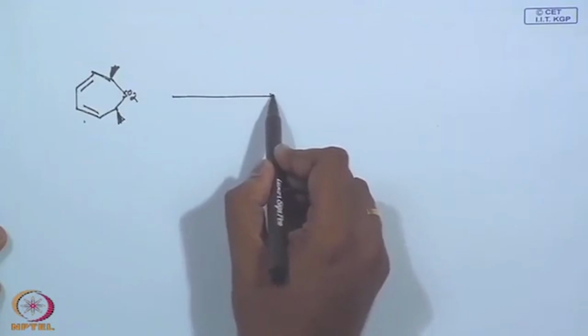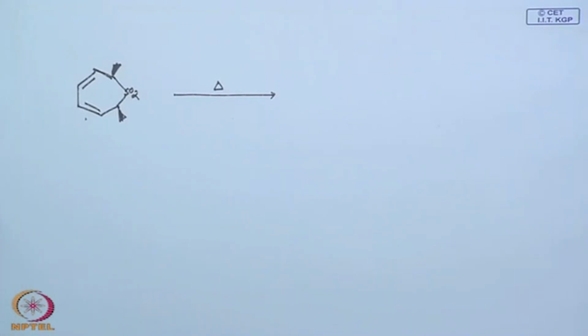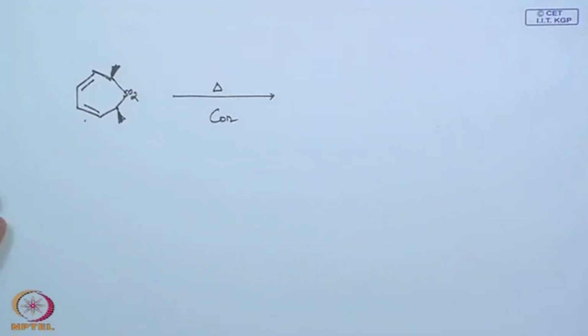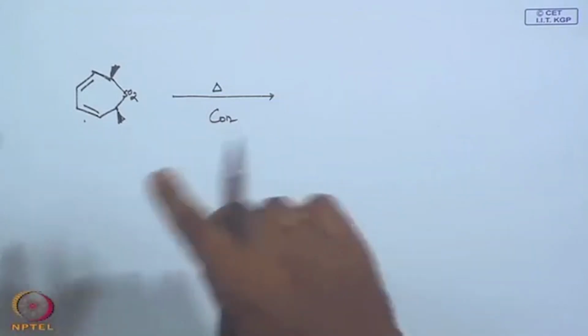We'll take this product. Now if you heat this, in the previous case it was dis, right? It underwent a nice disrotatory motion. Now it does conrotatory. So you know how it opens, con. Both should be clockwise or both should be anti-clockwise.